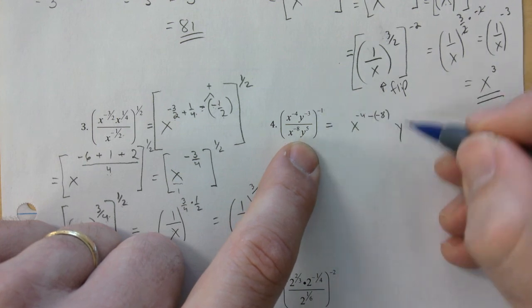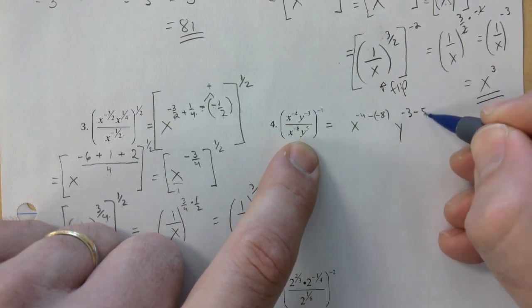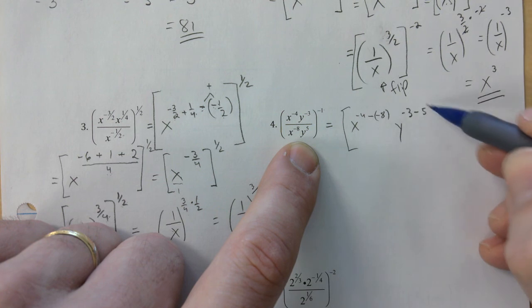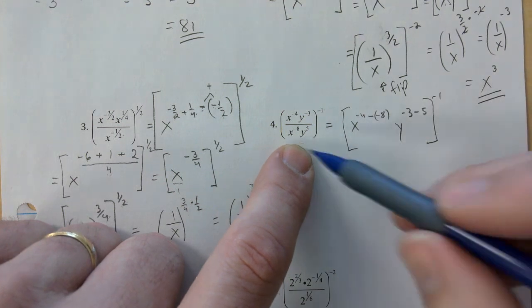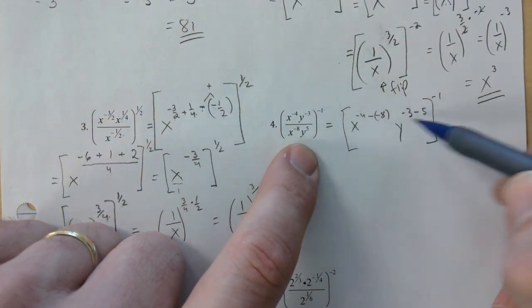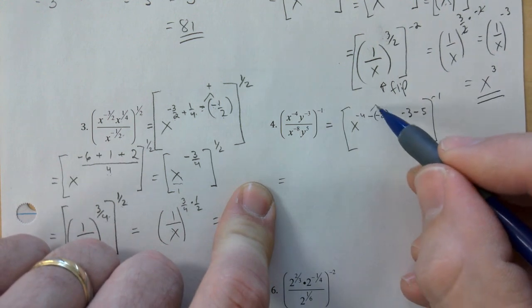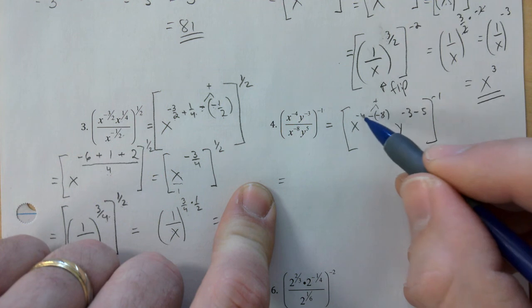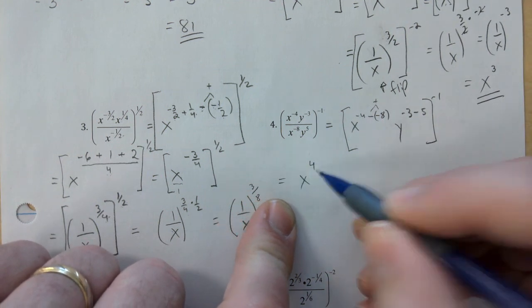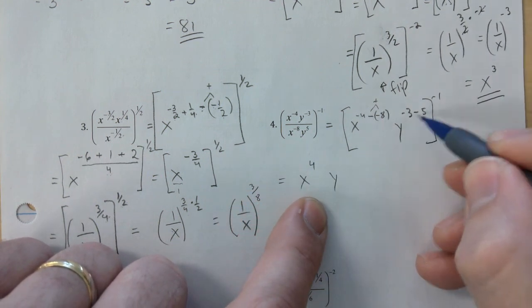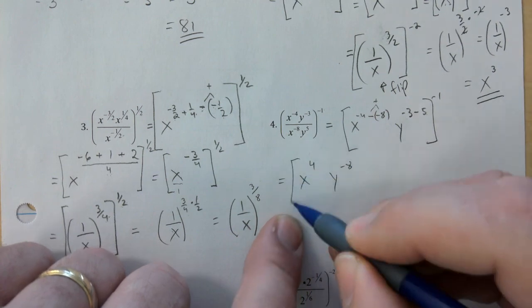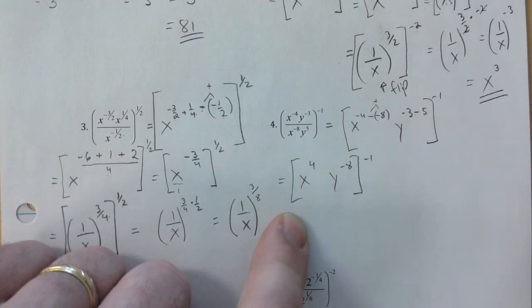And then I have y to the -3 minus 5. All of that to the -1. Because now that I've combined everything, it's all in one line. This gives me +8, right? So that'd be positive. So you end up with +4, and this gives you -8. All of that to the -1.